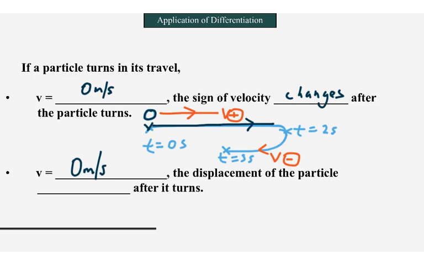So when it turns, the displacement of the object gets smaller because it is approaching the origin. Hence, we can say that the displacement of the particle decreases when it turns, because it is moving nearer to the origin.